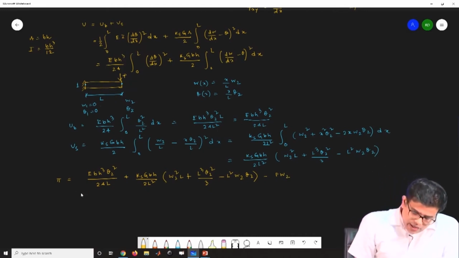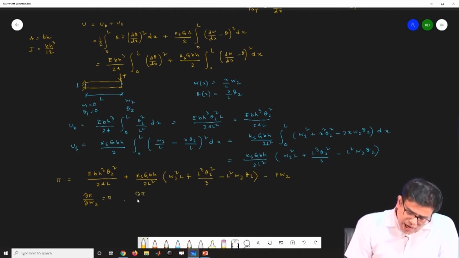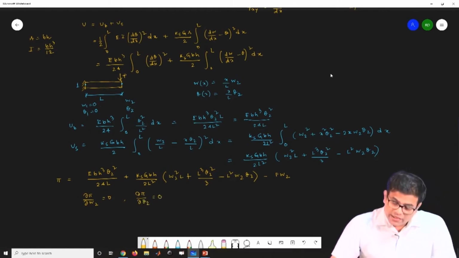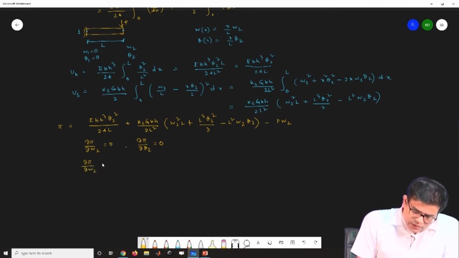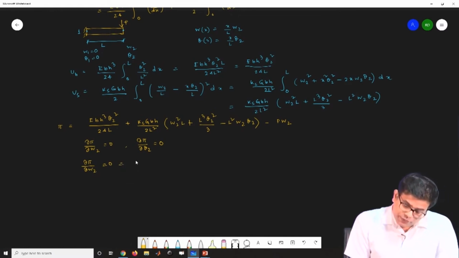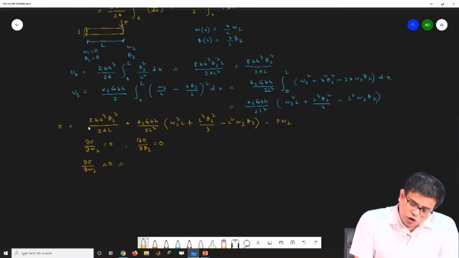So then we can calculate W2 essentially. dπ/dW2 equals 0, and dπ/dθ2 equals 0. If I do that, then what will happen? Because the first equation, dπ/dW2 equals 0, means this EBH term will not be there.